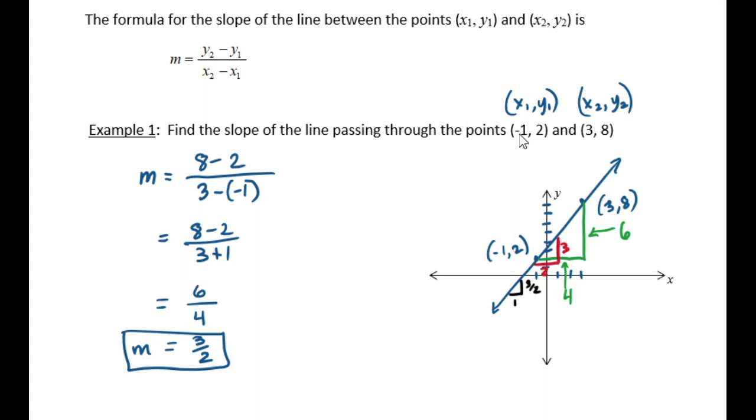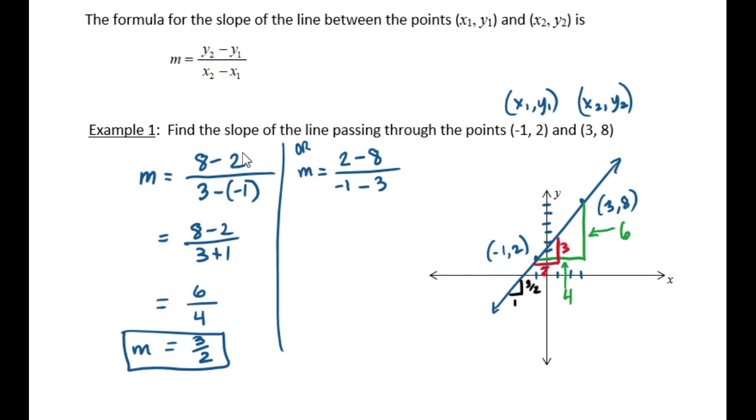Also note that if we label these two ordered pairs in the opposite order, we'll get the same value for the slope. So if we switch these two labels, we have y2 minus y1, 2 minus 8, and x2 minus x1, -1 minus 3.